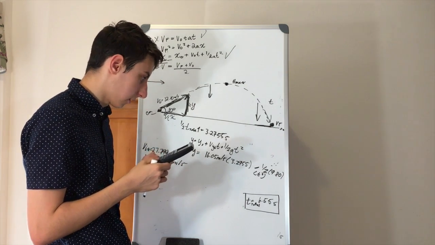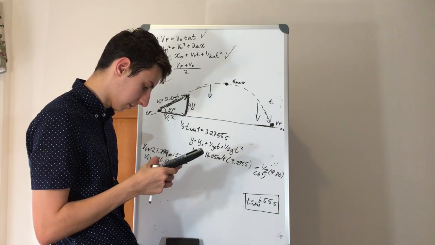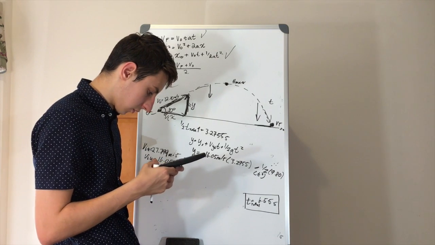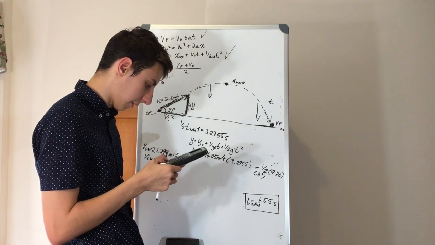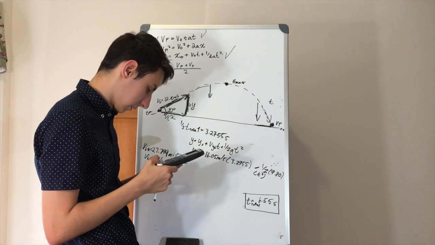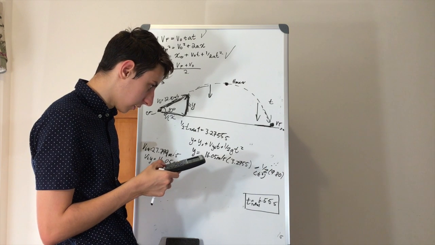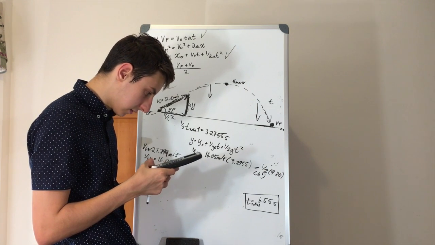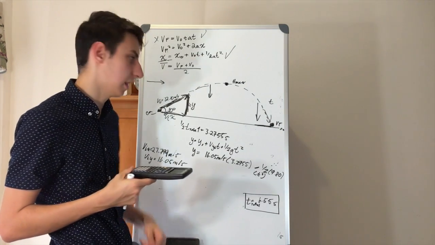And I got a negative number, so I must have done something wrong. Let's retry it. I must have plugged in something wrong. Times 0.5, 3.2755 squared, and then 16.05 times 3.2755 minus the answer we got for the other. Okay, see, this time I got a positive number.